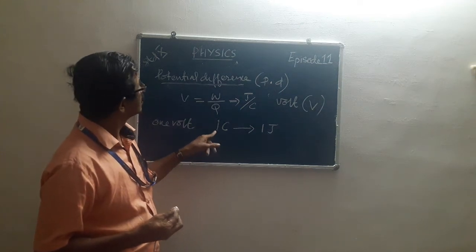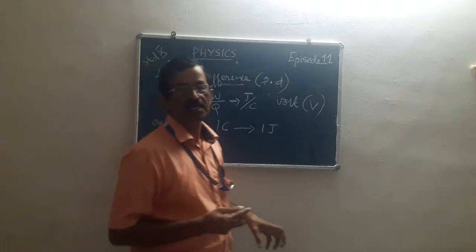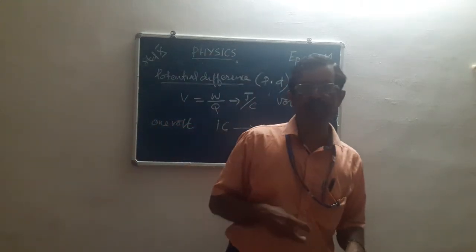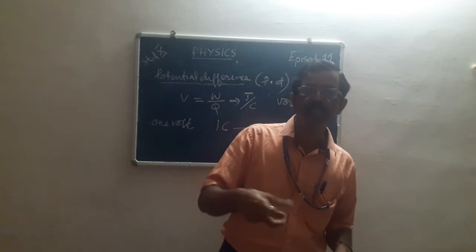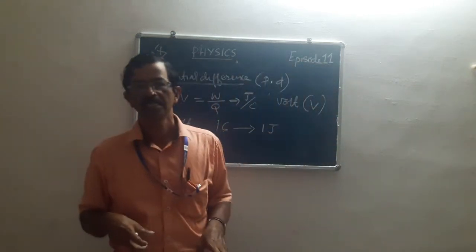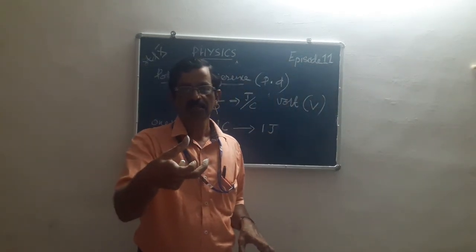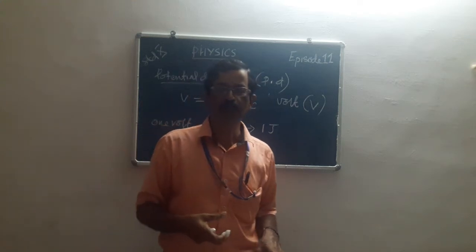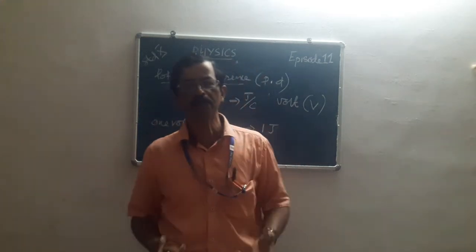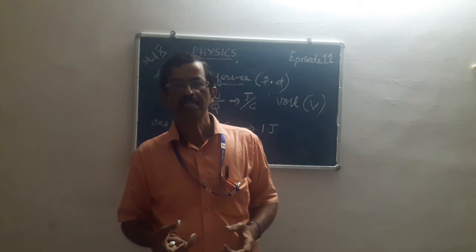We know to flow charge there must be a potential difference. Who gives the potential difference? The cell.